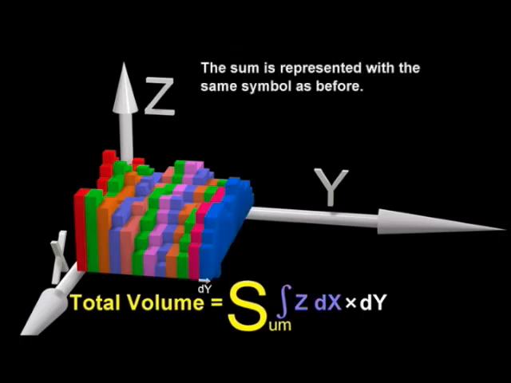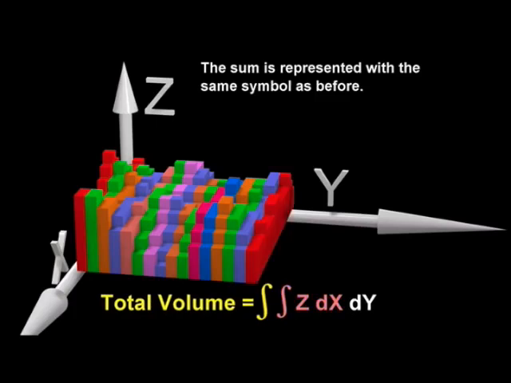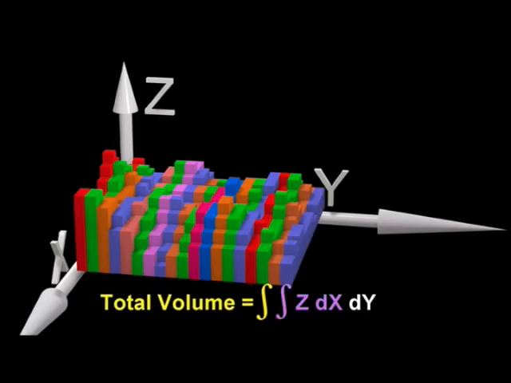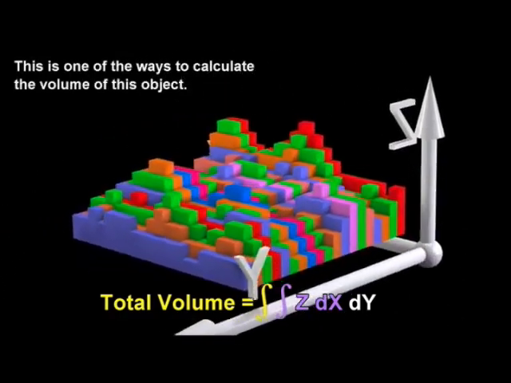The sum is represented with the same symbol as before. This is one of the ways to calculate the volume of this object.